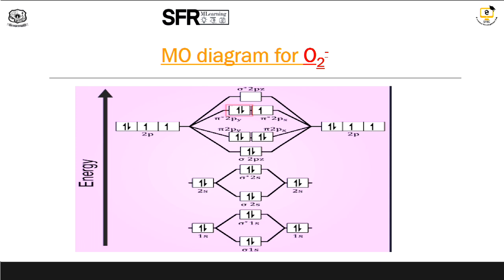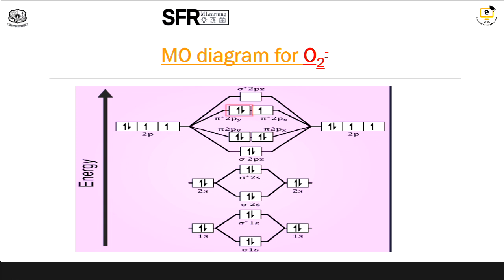In the diagram, the pi star 2px and pi star 2py have 3 electrons in their anti-bonding molecular orbitals, whereas in the O2 molecule only 2 electrons are present there.